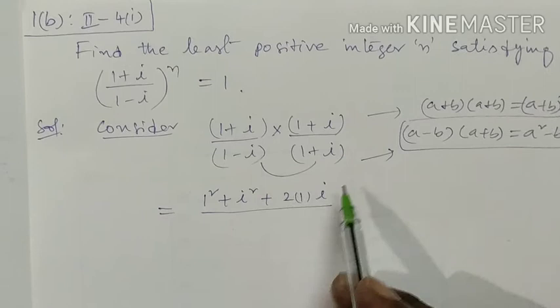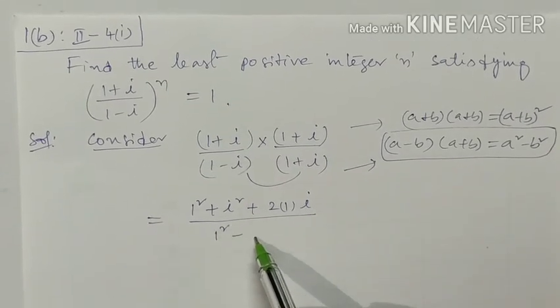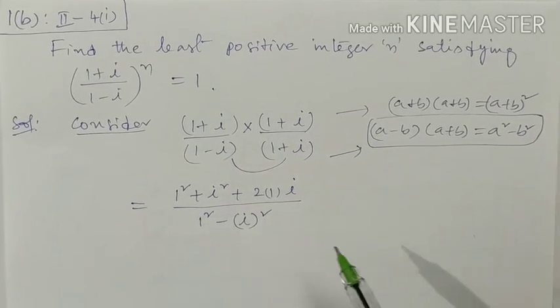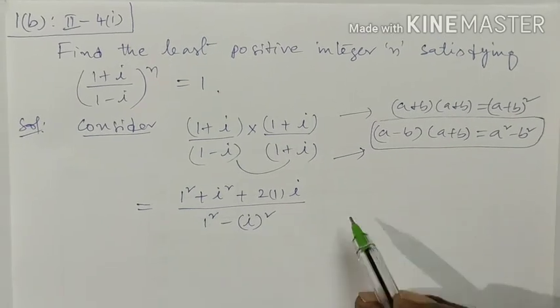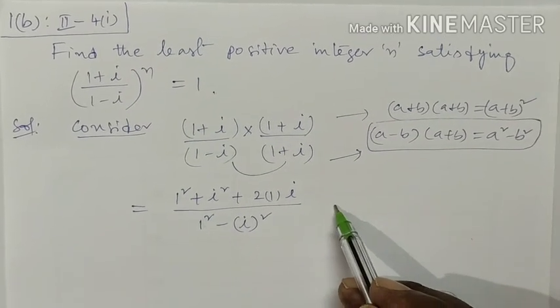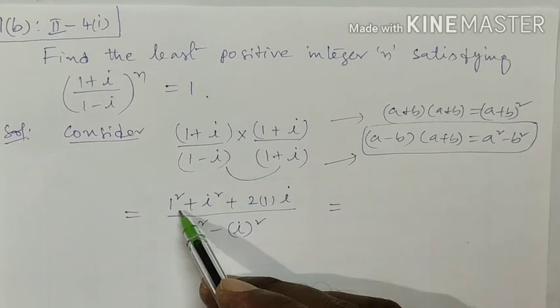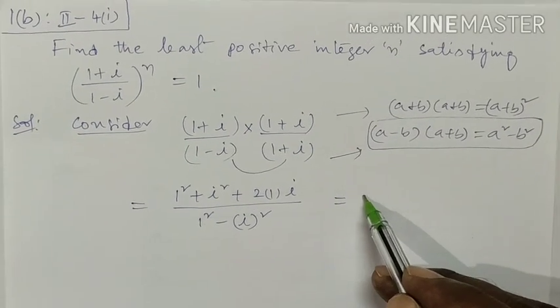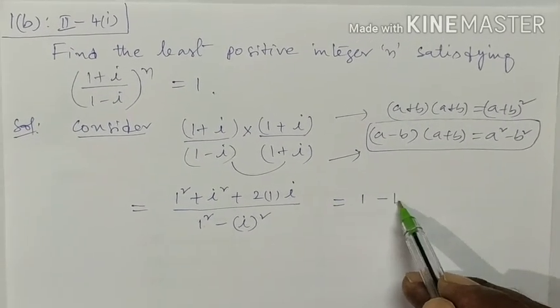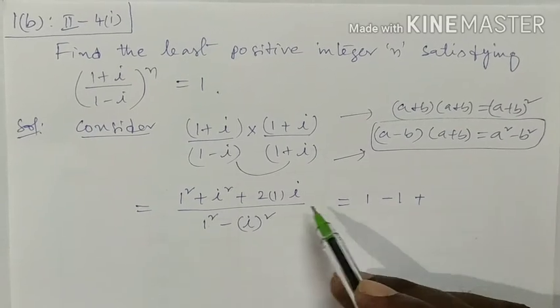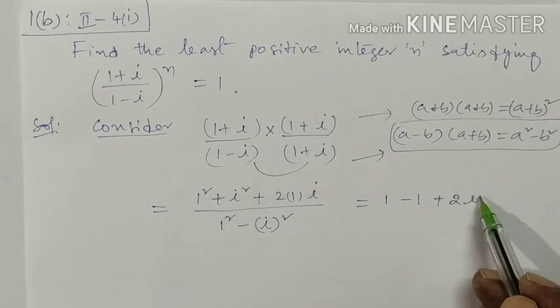In denominator a square minus b square, 1 square minus i square. So that is equal to 1, i square is minus 1, plus 2, 1i is 2i.